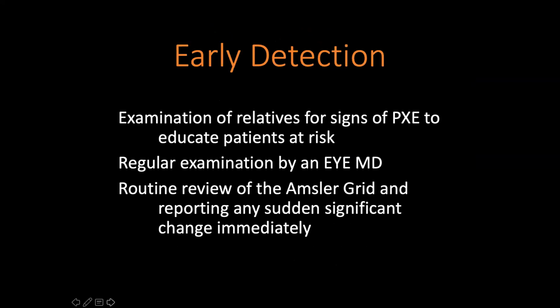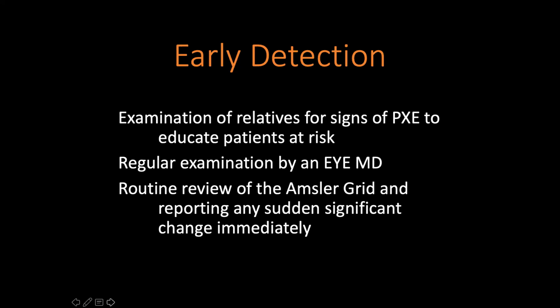Early detection of a problem is very important to reduce the risk of vision loss in patients. It starts with identification and education of patients at risk. This includes examination of family members for evidence of this recessively inherited disease and education regarding symptoms for patients to look for.